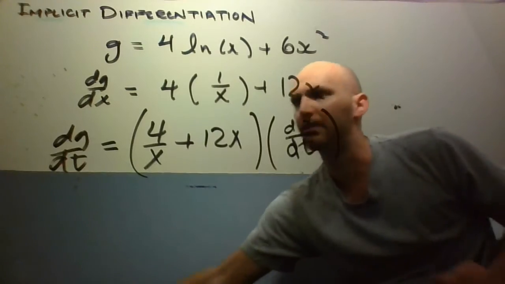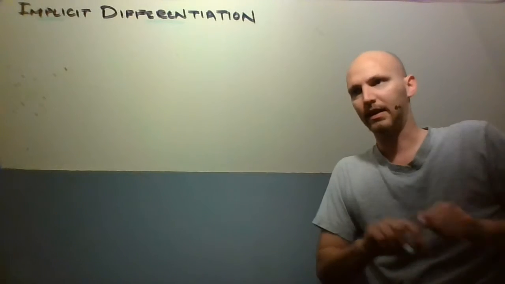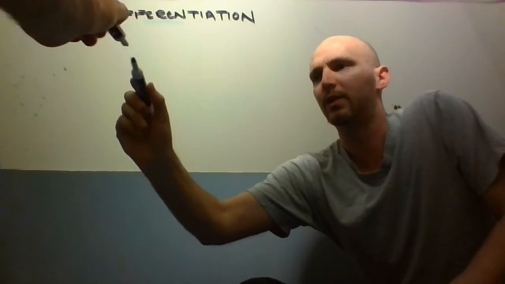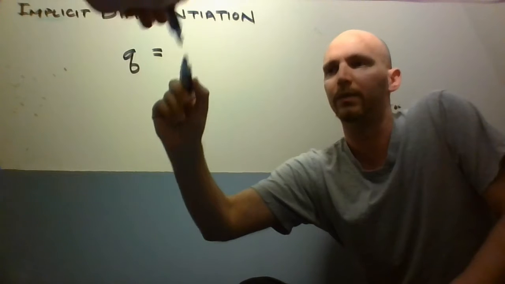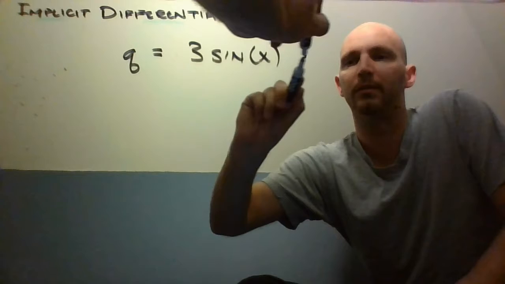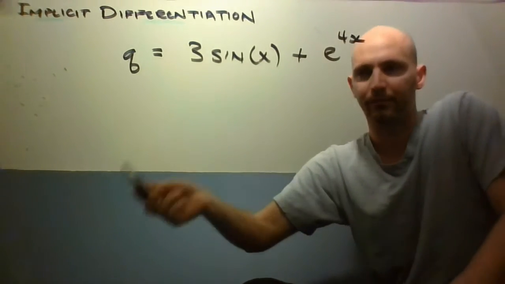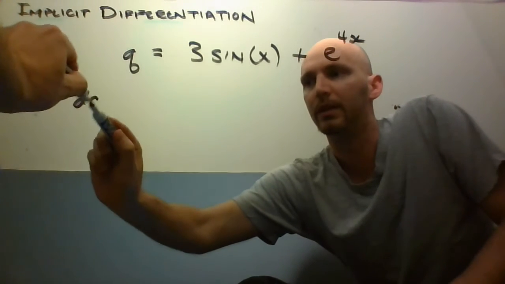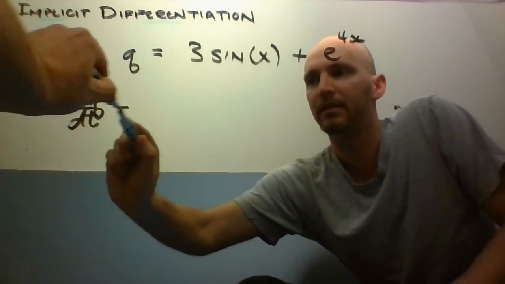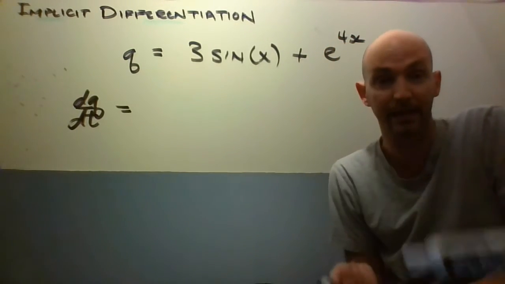Let's try it one more time just to show you how quick this is, and really the point here is don't overthink it. If I have q equals 3 sine x plus e to the 4x, and I want to know dq by dt, the first question you ask yourself is, is t the variable you have here, and it's not.